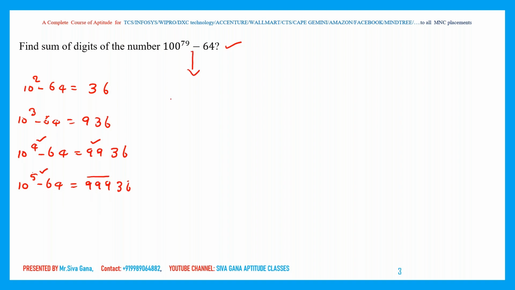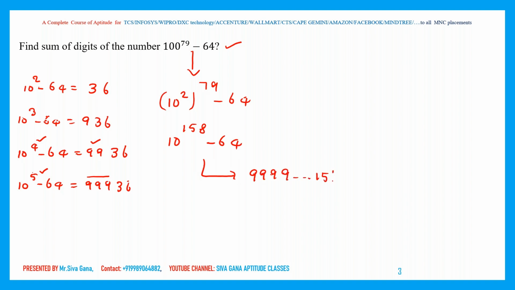Now this we can write as 10 square whole power 79 minus 64, which is nothing but 10 power 158 minus 64. Now in this result, how many nines will be there? 9s, 156 times, and the rest of the number is 36.